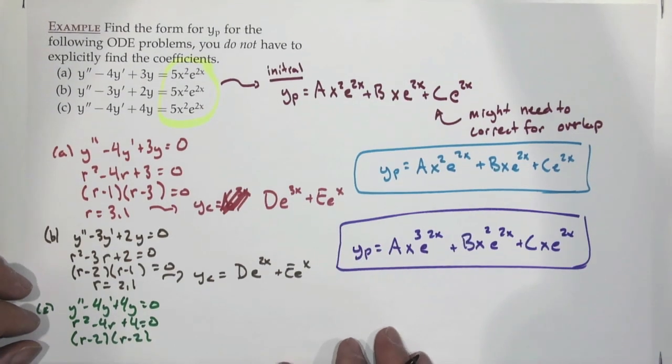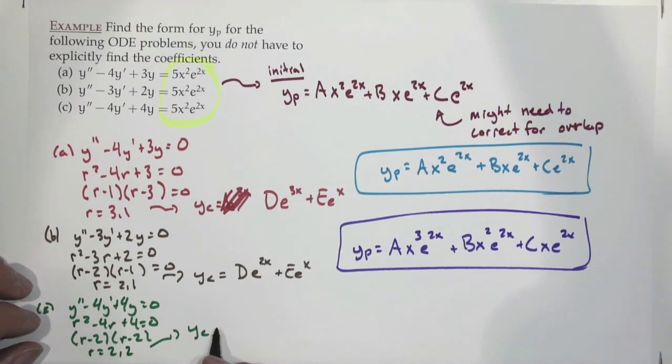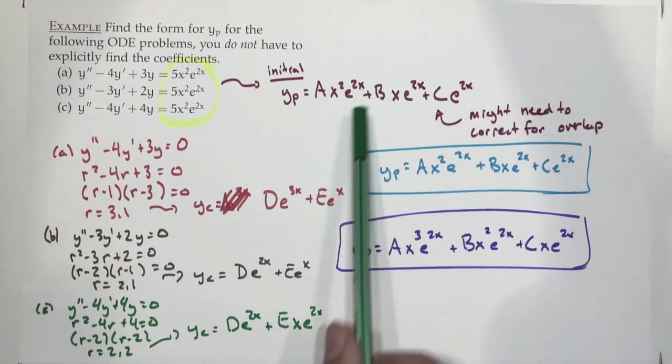So that says our roots are 2 and 2. So our complementary solution is something e to the 2x, and because it's a repeated root, we have to add an x. Okay, so do we overlap? Yes, I should point to this one.